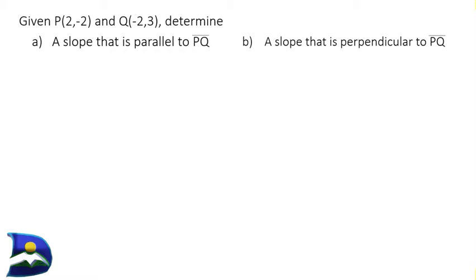So what is PQ with the bar on top of it? That tells me that if I have 2 points, the line between the 2 points is called the line segment.